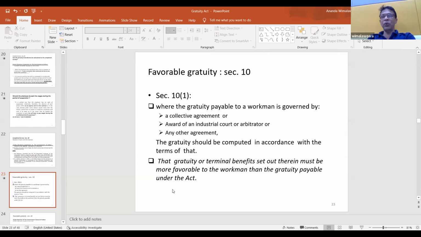So therefore, I do not recommend anything, but if you need further knowledge, look at the law, the Acts, enactments, or legislation: Gratuity Act, Termination Act, Industrial Disputes Act. I did read it.